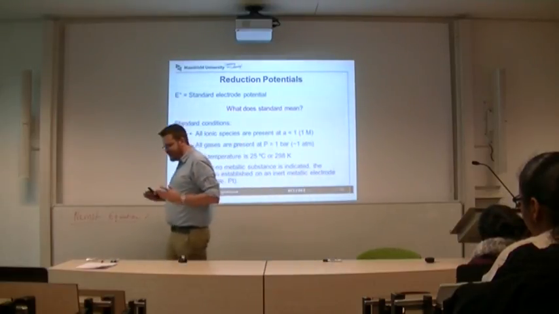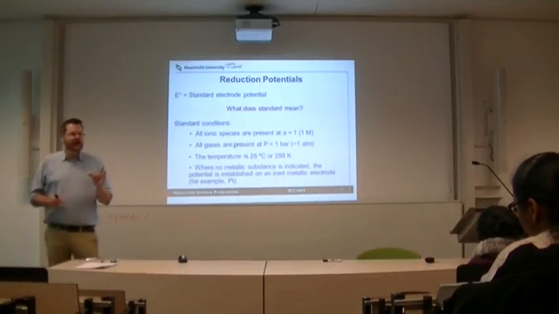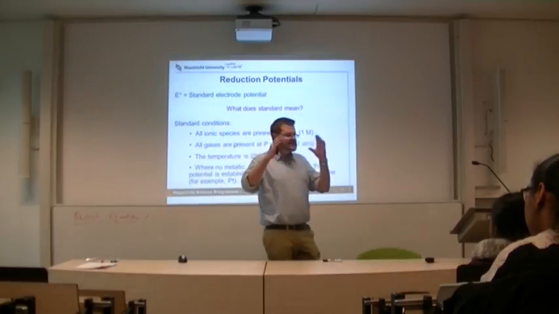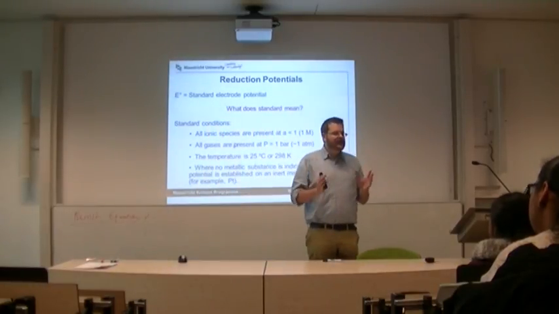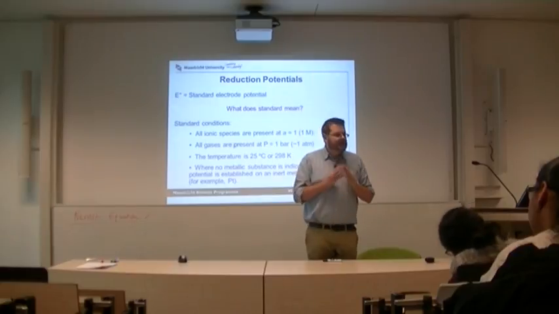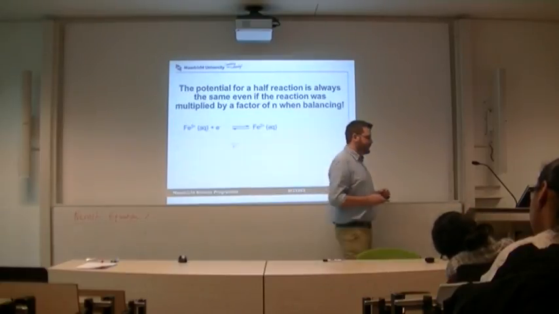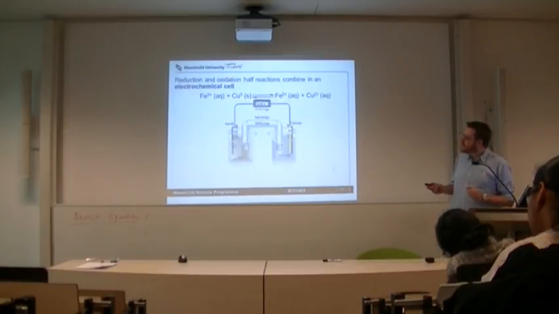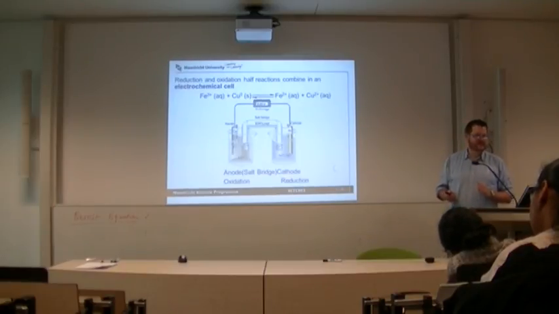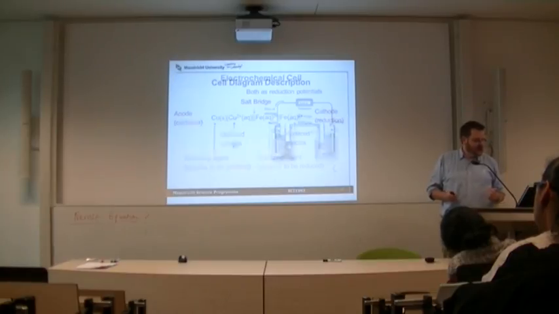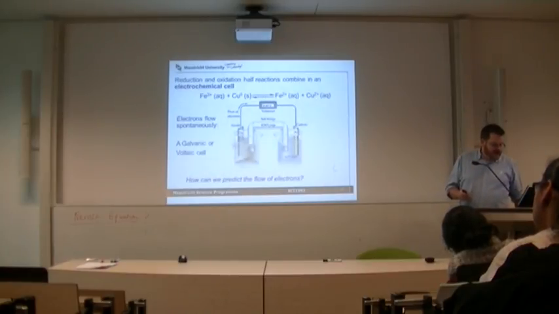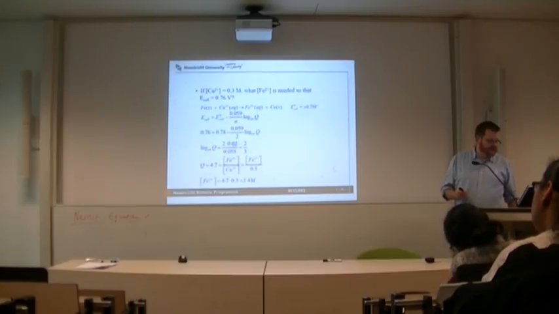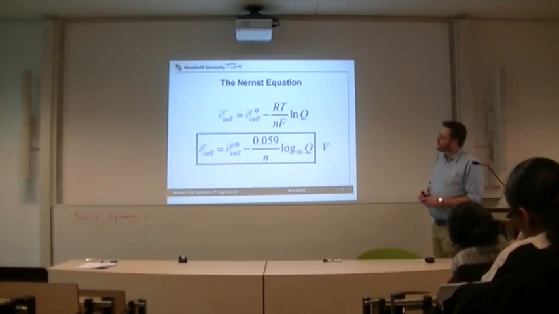The Nernst equation enables us to calculate what the potential would be of essentially an electrochemical cell or couple or whatever under non-standard conditions, which is very useful and important because we don't always work with 1 molar solutions. It's very restrictive, right? And so what the Nernst equation enables us to do is to get around that.